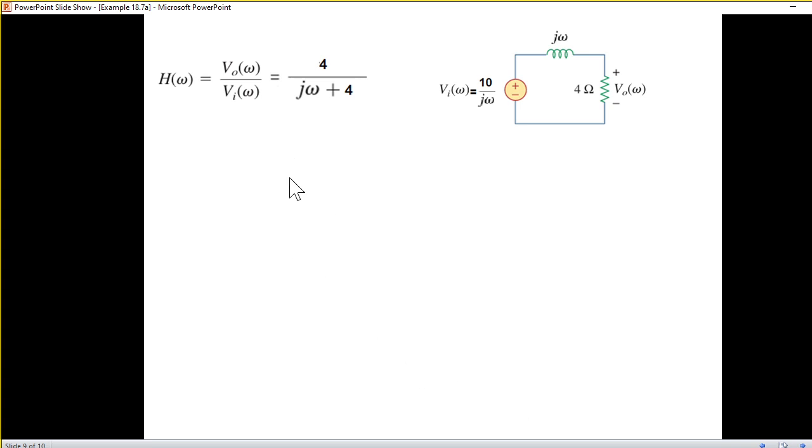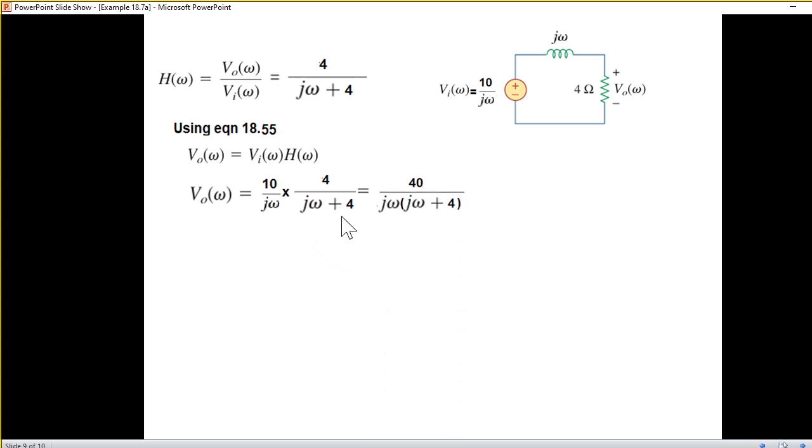So we have got H(omega). Now we'll just follow the formula that we have learned. This is the formula for Vout: Vin times H(omega). We know Vin, we know H(omega), so it will be Vin multiplied by H(omega). Solving, we get this form.